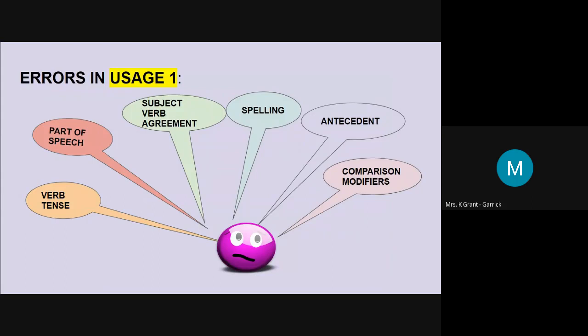All right. So over the past couple of months, we have been focusing on some CSEC terminologies. And one of the terms for paper one is usage one.